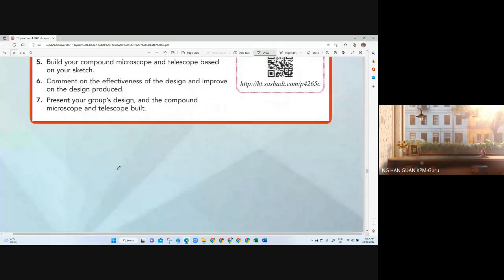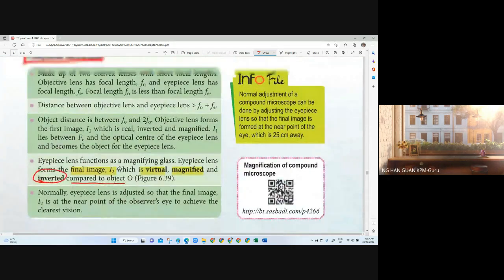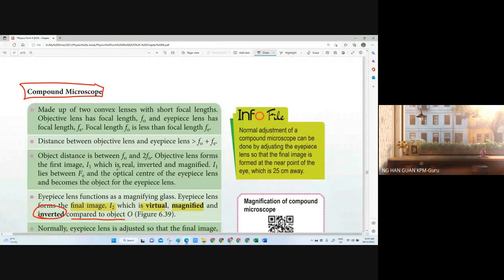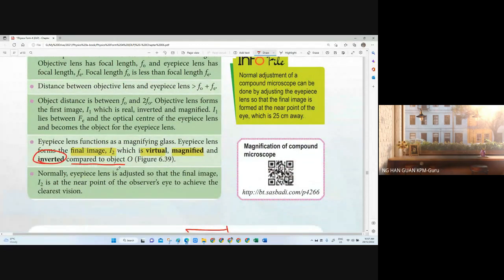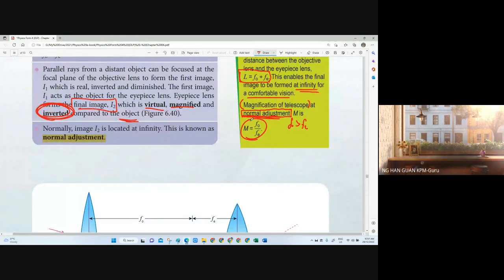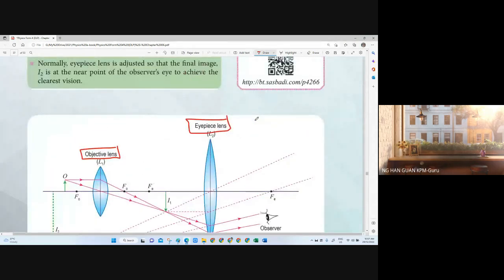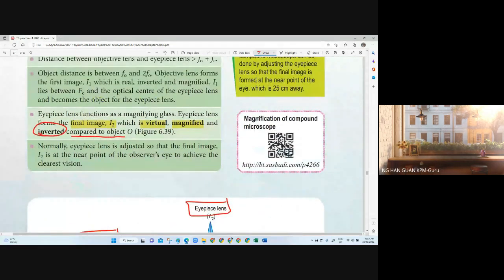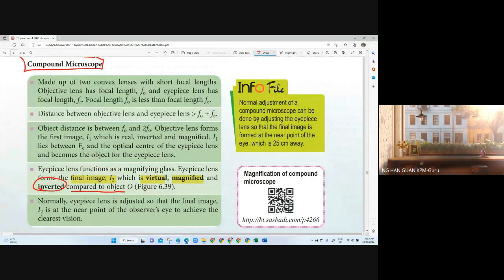Anyway, we don't have the magnification calculation for the microscope at this moment. For the SPN level, we only cover the magnification for the telescope in normal adjustment. We don't apply it to the microscope. For optical instruments, there are more concepts you need to learn when you go to a specific field in university.